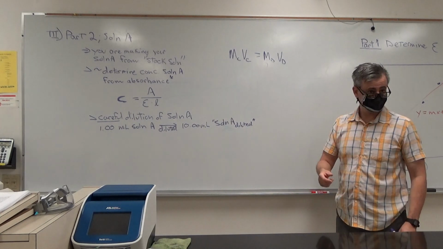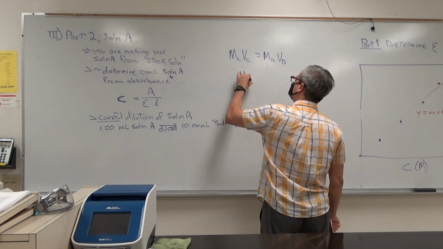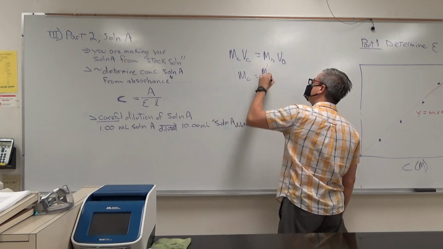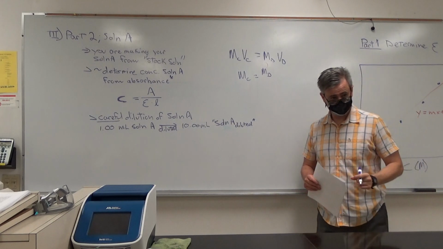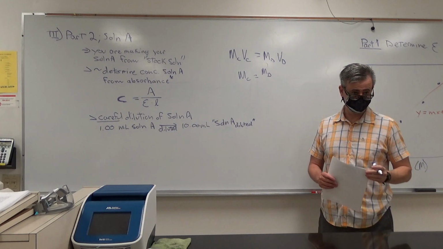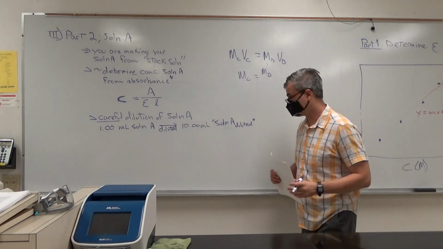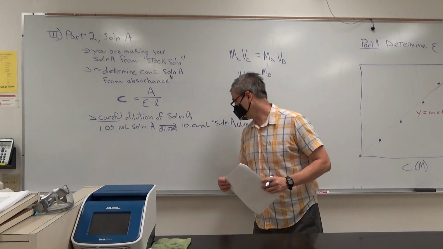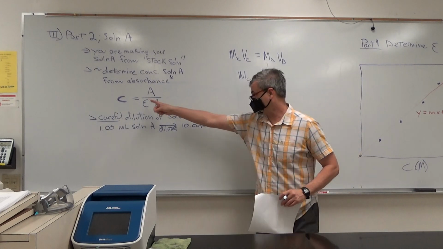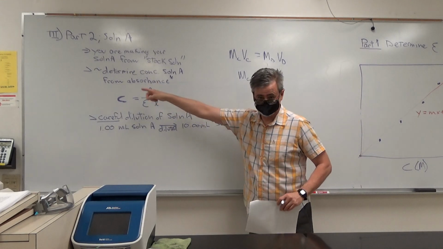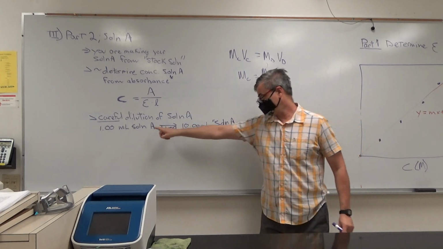MC, molarity of concentrated, right? Of the concentrate? Yep. Aren't we trying to get the one that we diluted? That's approximately the molarity of the concentrate, right? We know the molarity of this, and we know that from measuring the absorbance, calculating the concentration. Oh, okay. We want the molarity of that.